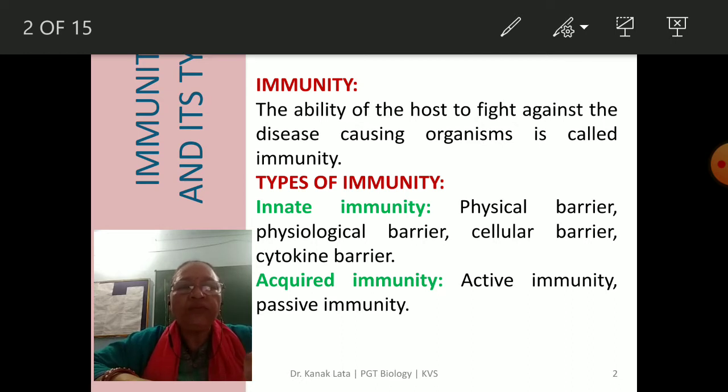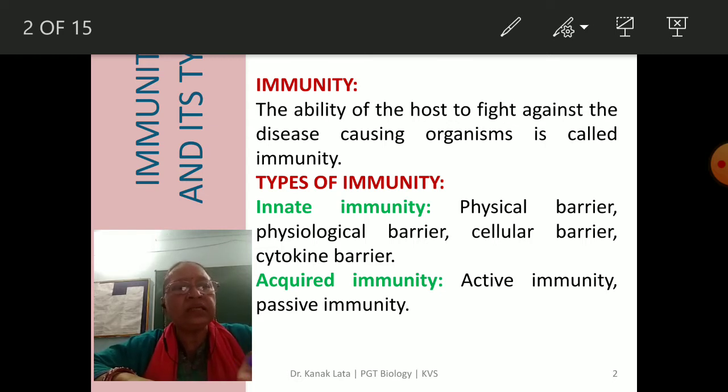This is due to the fact that the body is able to protect itself from most of the foreign materials. So immunity is the ability of the host to fight against disease causing organisms, that is pathogens.